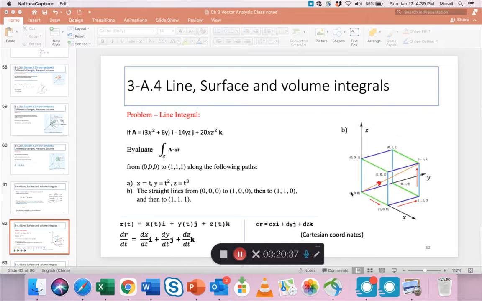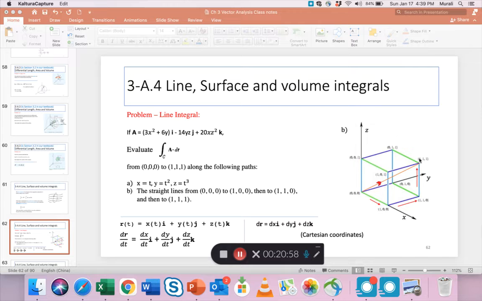It is given two ways, A and B. A is easier to understand. We have to go from (0, 0, 0) to (1, 1, 1). This is a three-dimensional system, so the first point is the origin, and the second point of this traveling is (1, 1, 1).